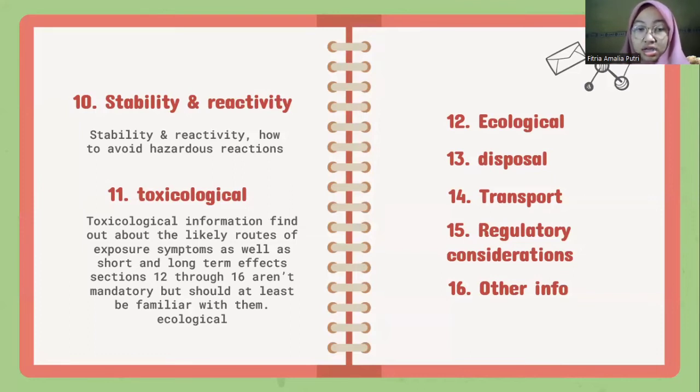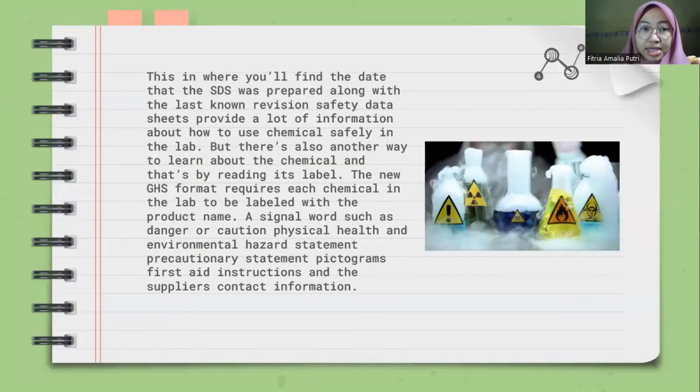Sections 12 to 16 are not mandatory, but you should at least be familiar with them. Section 12 is ecological, section 13 is disposal, section 14 is transport, section 15 is regulatory consideration, and the last section is other info.